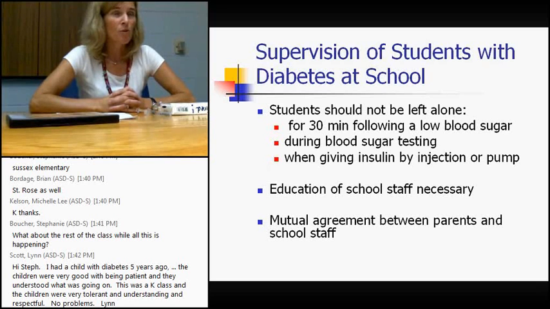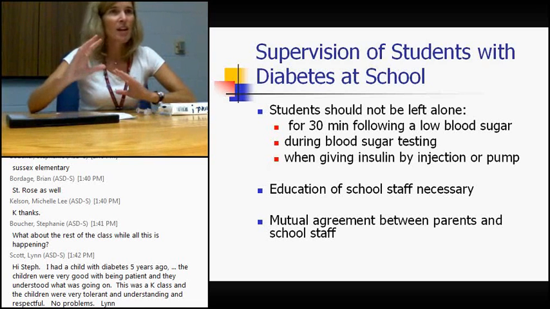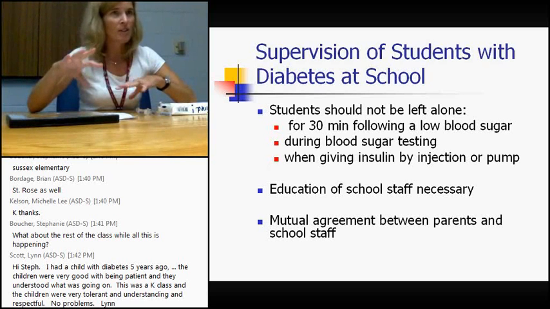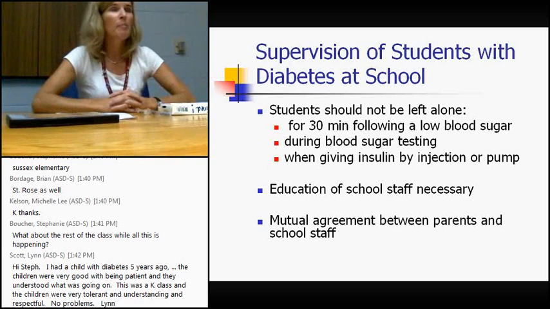Students should not be left alone for 30 minutes following a low blood sugar, during blood sugar testing. Now this is assuming sort of the elementary, and it's kind of questionable in the middle school stage. You're sort of getting to a gray area. Certainly once they go to high school, they are very much independent and doing their own thing.